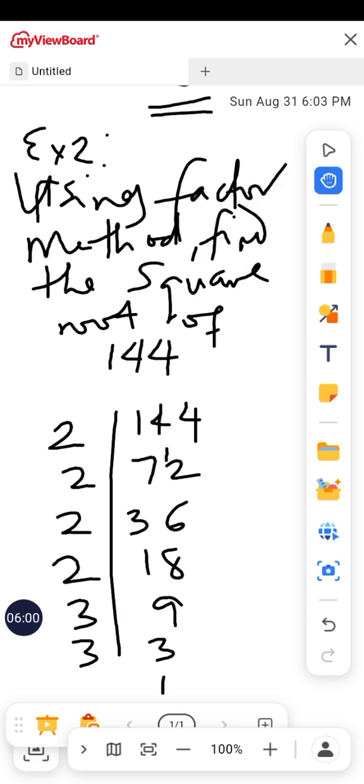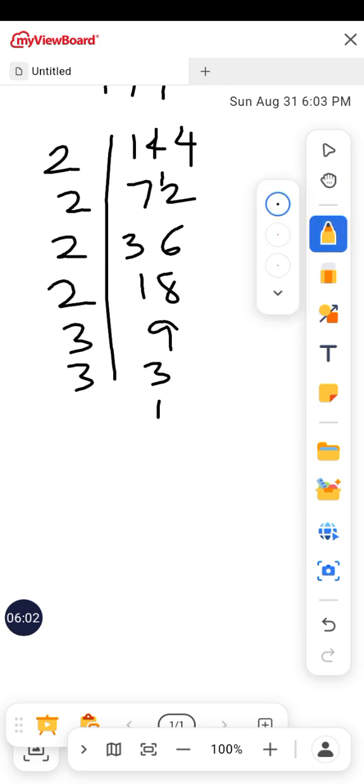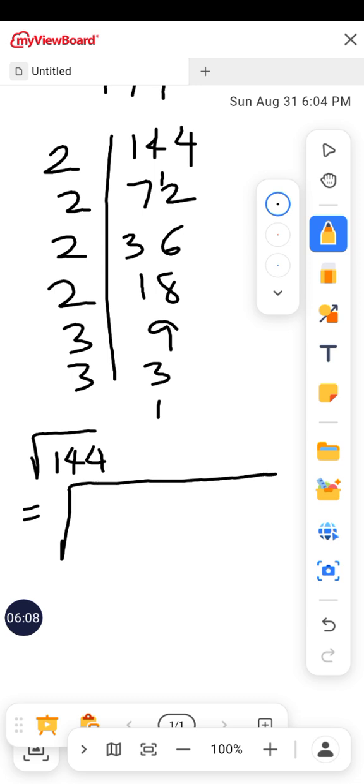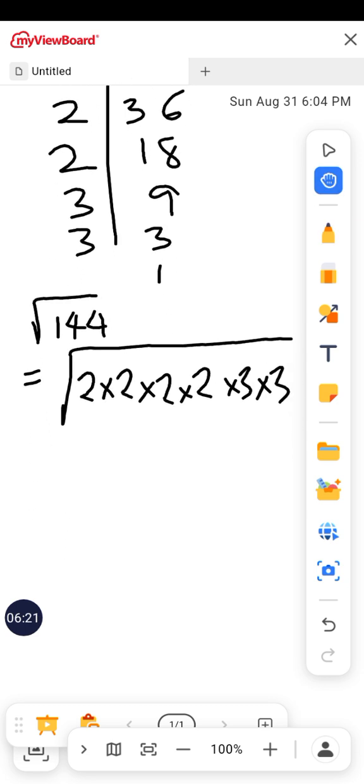Okay? So the square root of 144 can now be written as the square root of, how many 2's do I have there? 2 times 2 times 2 times 2 times 3 times 3. Are we together? Okay, so we pair them in 2's.